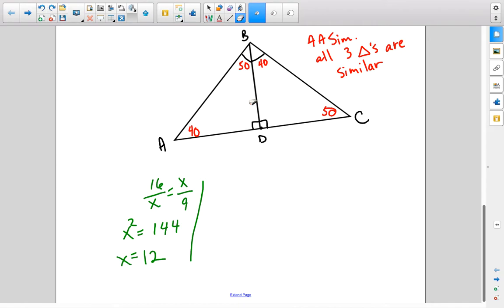Let's say that we have those. Let's say we are looking for, and I'll choose blue. Let's say I have my altitude.